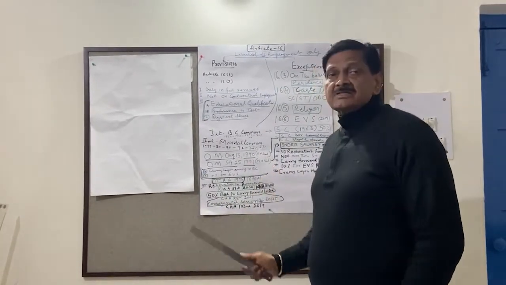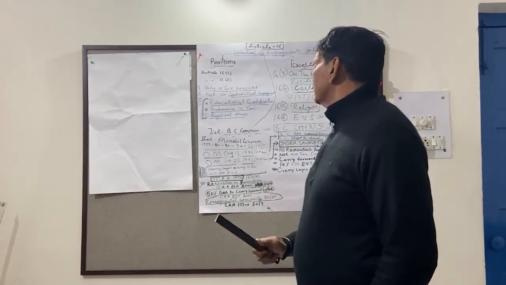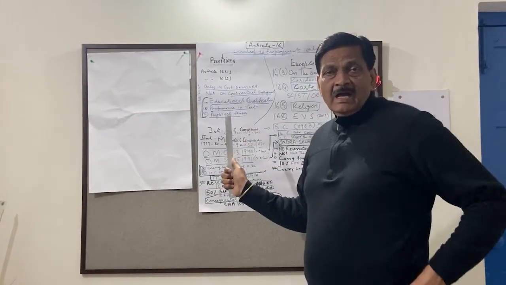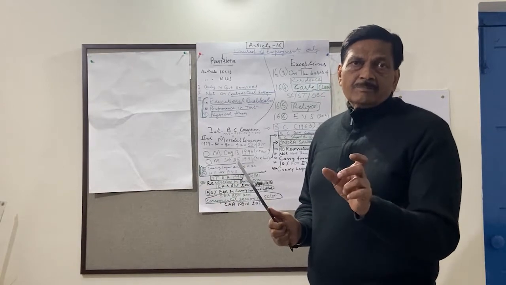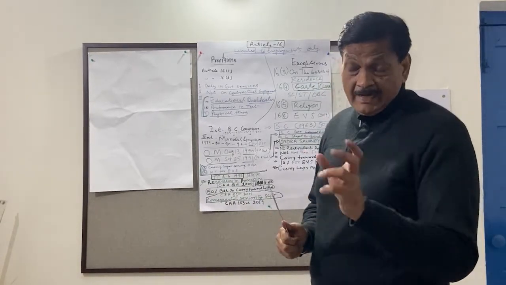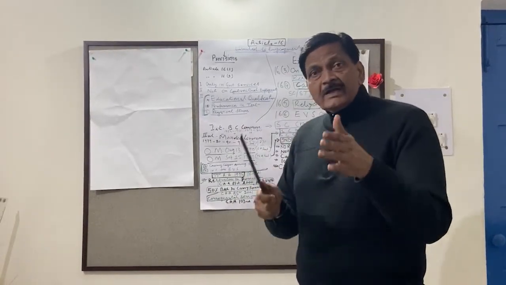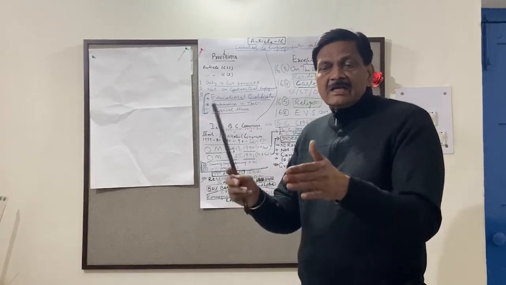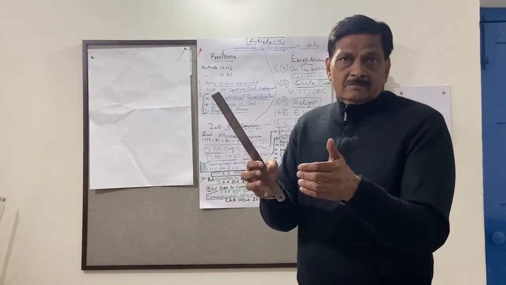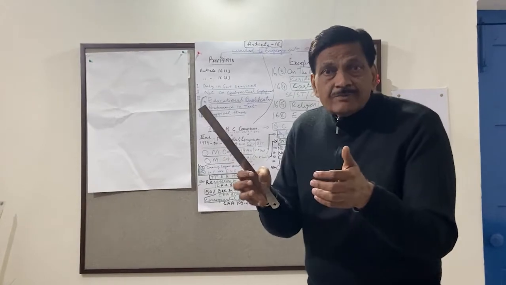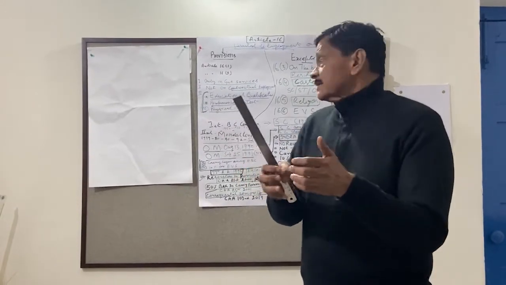This lecture is entirely devoted to Article 16. I would like to mention here before we proceed further that Articles 14, 15 and 16 are a cohesive unit. They are interlinked with each other.